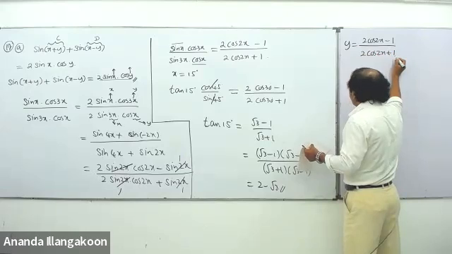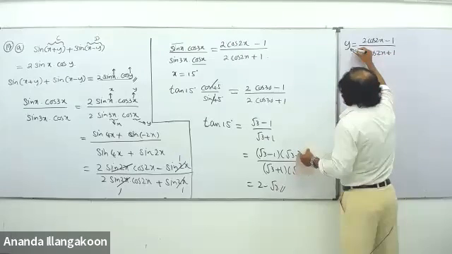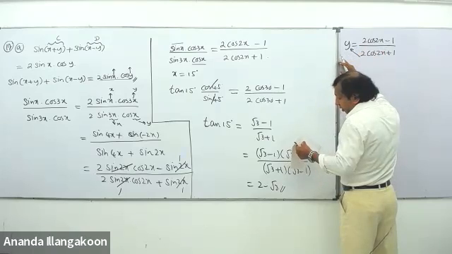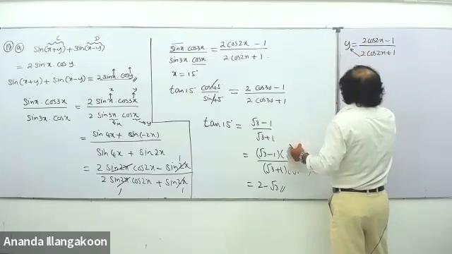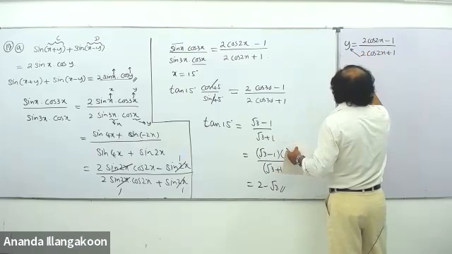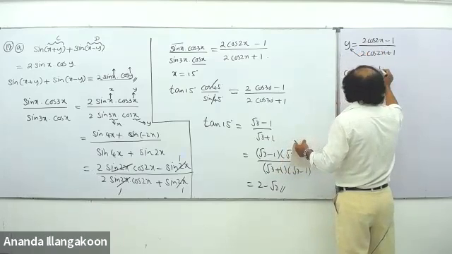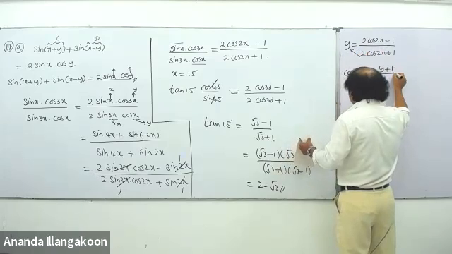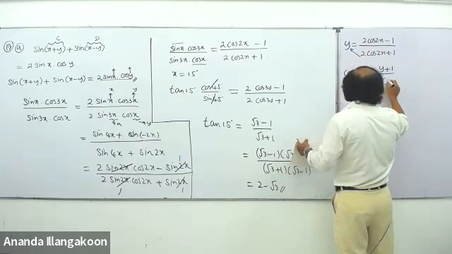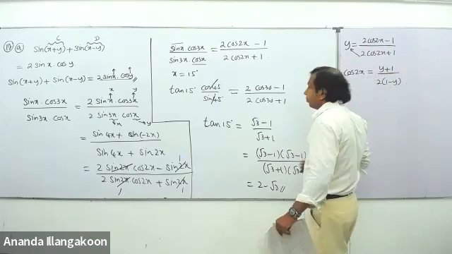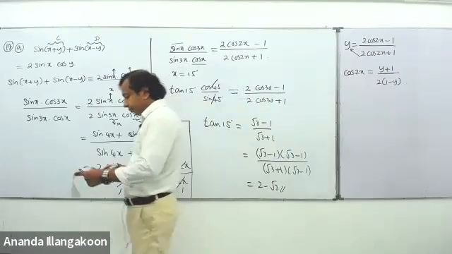Asked to make cos 2x the subject. That's very easy. Use cross multiplication like this and bring cos 2x to one side. Then you will get this answer for cos 2x in terms of y. It is y plus 1 divided by 2 times 1 minus y.